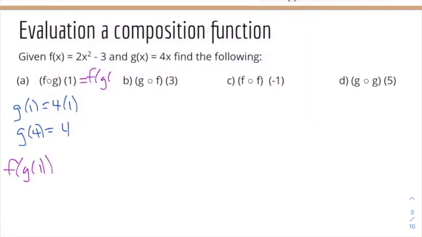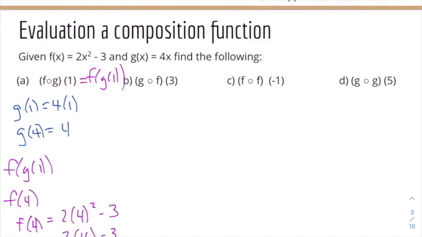So now I know that g of 1 is equal to 4, so I'm looking at f of 4. So f of 4 is equal to 2 times 4 squared minus 3, which is 2 times 16 minus 3, which will be 29.